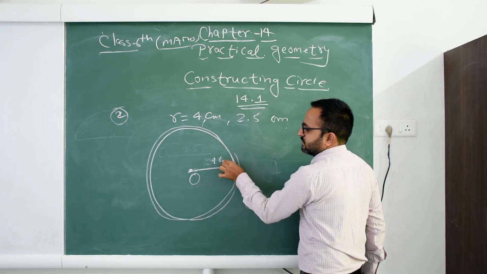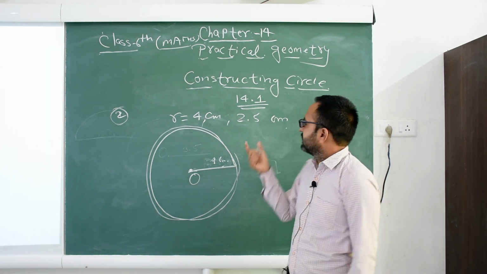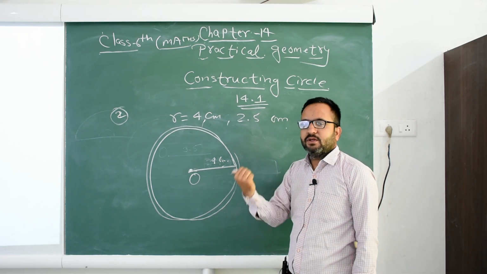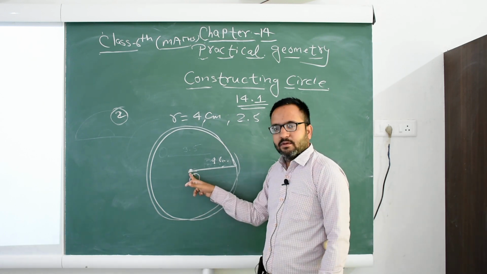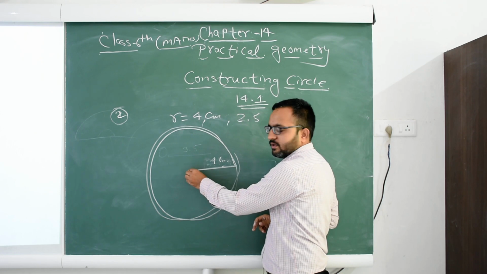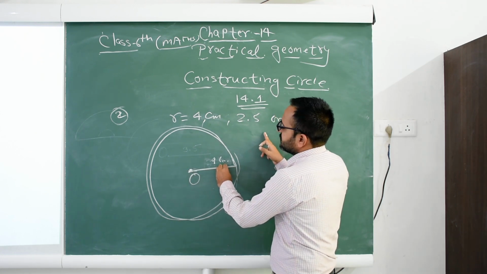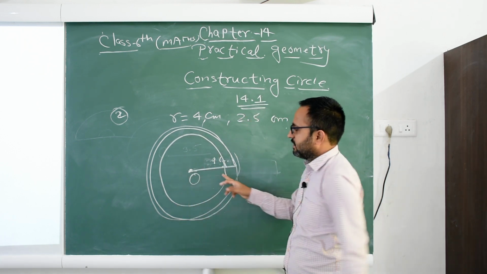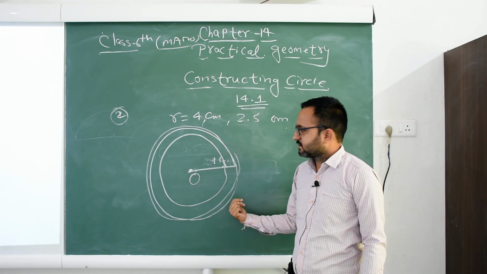This is, suppose, the 4 centimeter circle. Again measure the radius 2.5 on your scale and put your compass here, at the same center, and with radius 2.5 construct another circle inside the first circle.